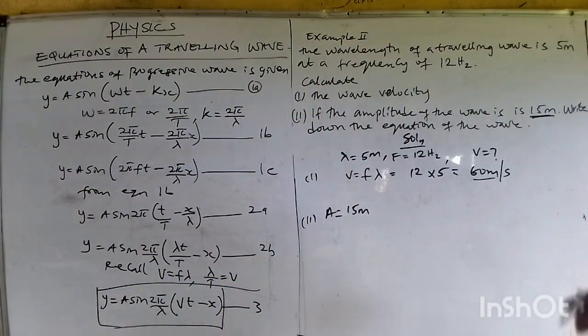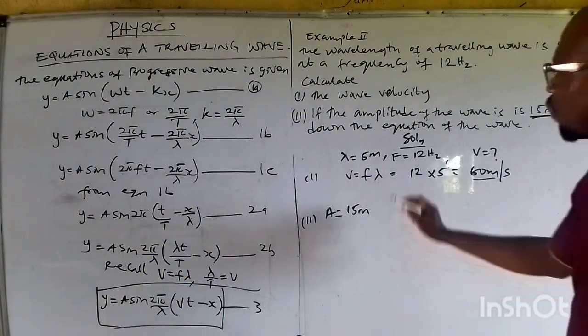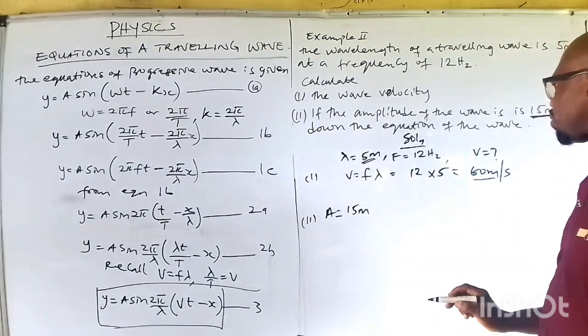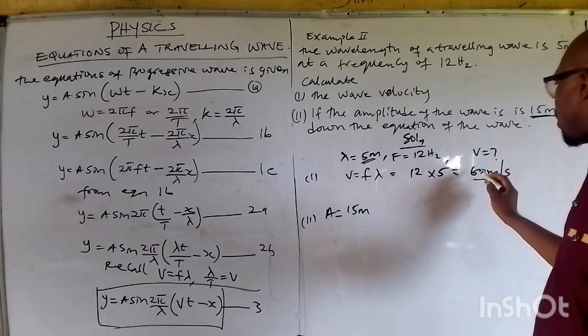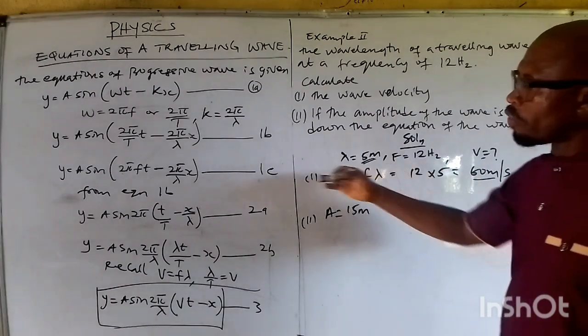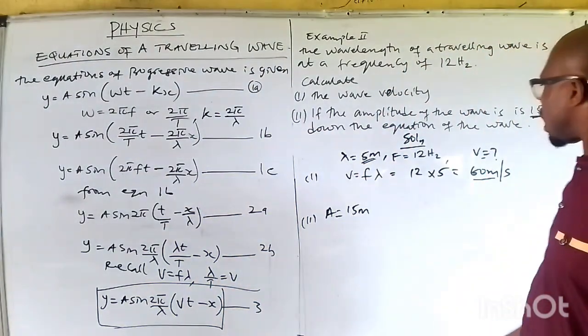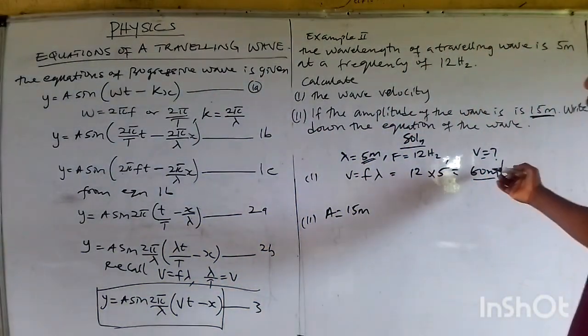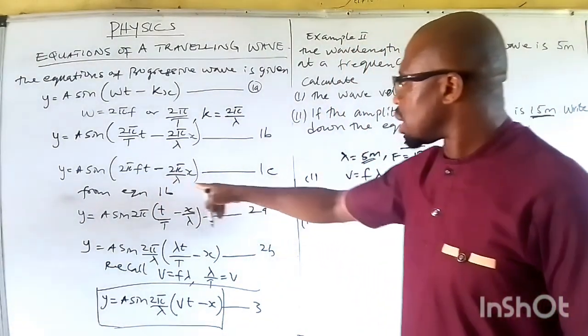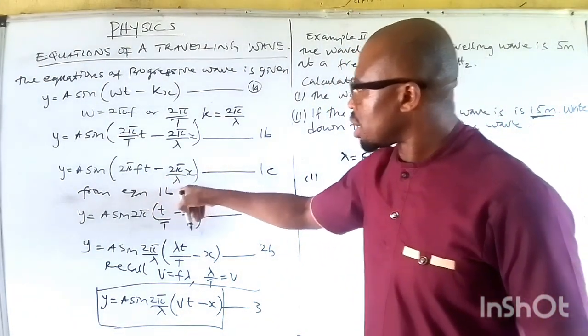So, what do we do? We have already from this, we can have our lambda, and we can have our frequency, our velocity. Of course, this one has frequency there. So, if we are to use frequency, wavelength is, okay.